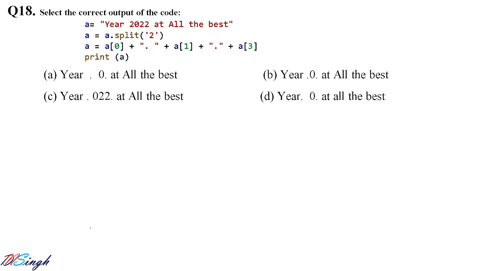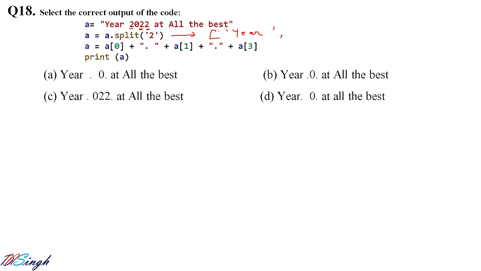Again you have the same split function. So let me write here what A will contain. The split function output will be in the form of a list. These are the delimiters present. So here the first element is YEAR and a space after that.